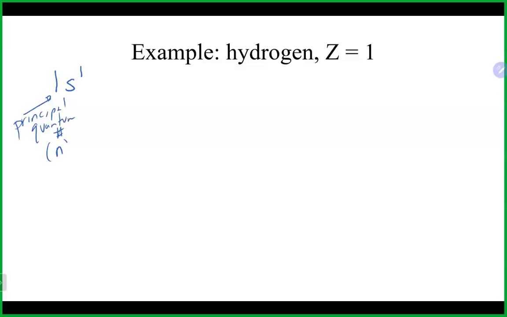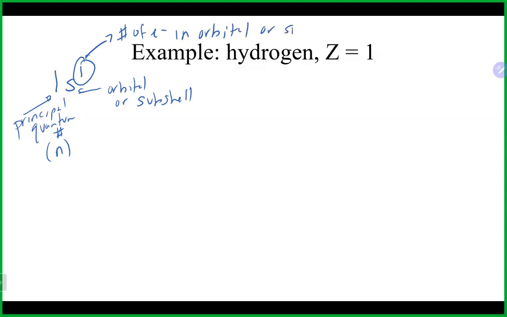That is that n number. The s is the orbital, our subshell the electron is hanging out in, and the superscript up on top is the number of electrons in that orbital, our subshell.